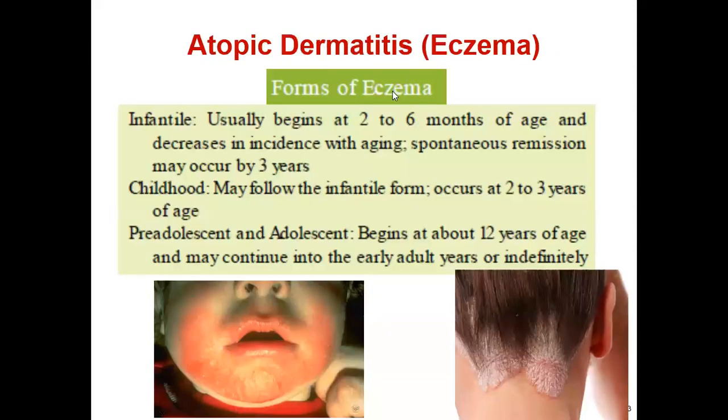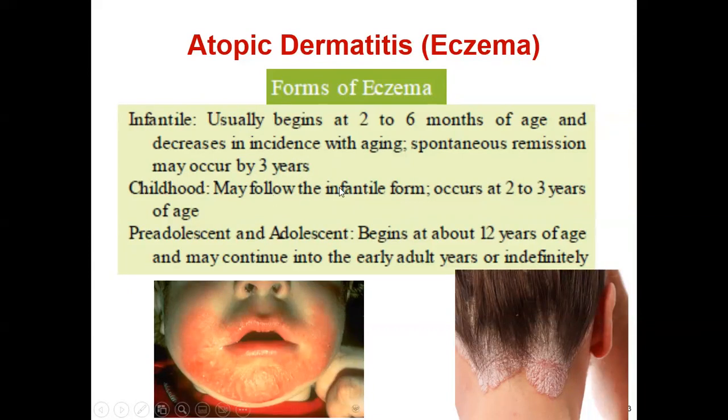The different forms of eczema: infantile usually begins at 2 to 6 months of age and decreases in incidence with aging. Spontaneous remission may occur by 3 years.